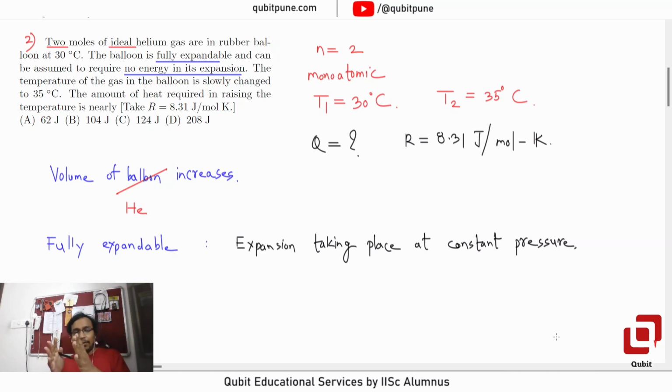You can imagine the gradual increase in the volume of the balloon. And there is also a word where they say slowly: the temperature of the gas in the balloon is slowly changed to 35 degrees Celsius.